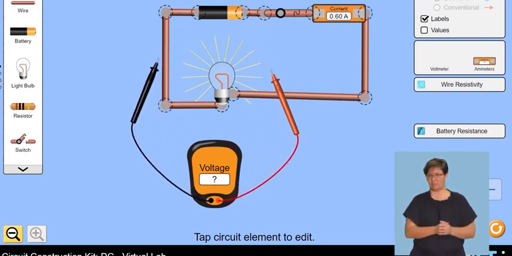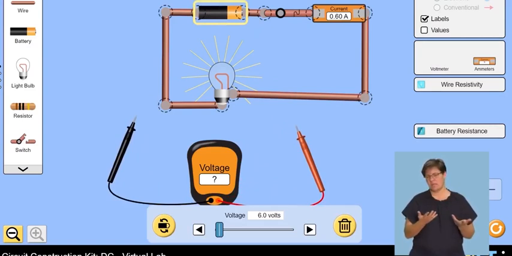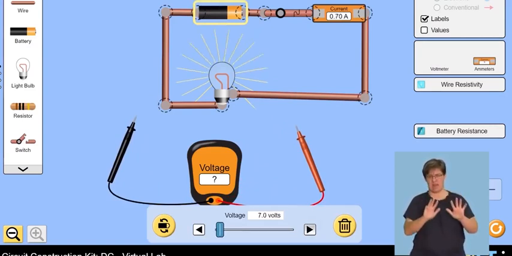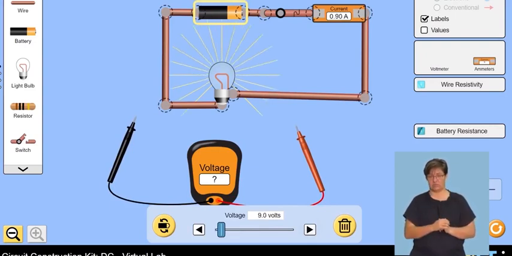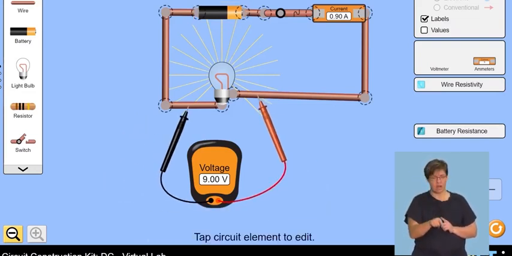I think we'll get the pattern. What happens if we make the voltage even bigger, 3 times as big as the original one? So this takes us to 9 volts. You can see the brightness is getting higher and higher. And again, the voltage across the light bulb is 9 volts. Current is also increased.